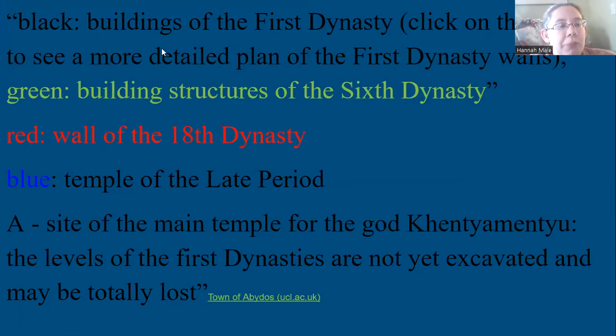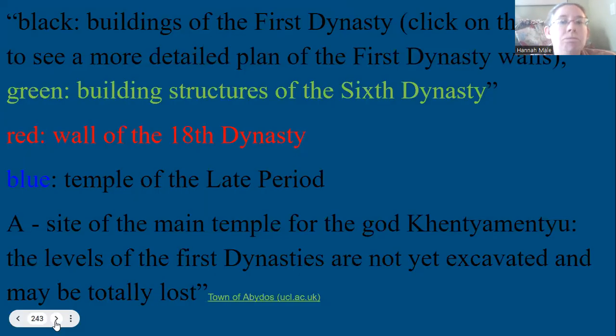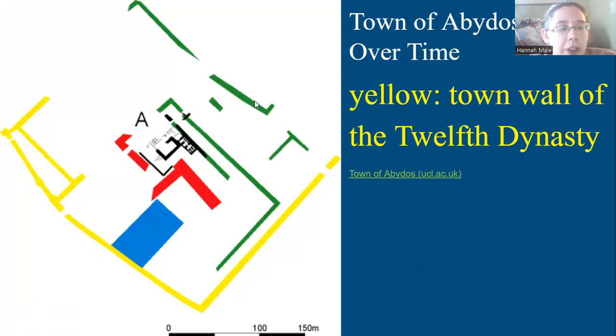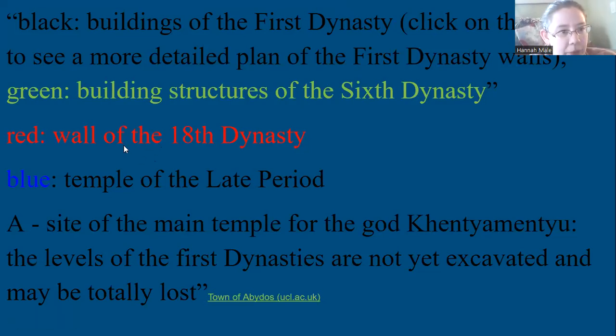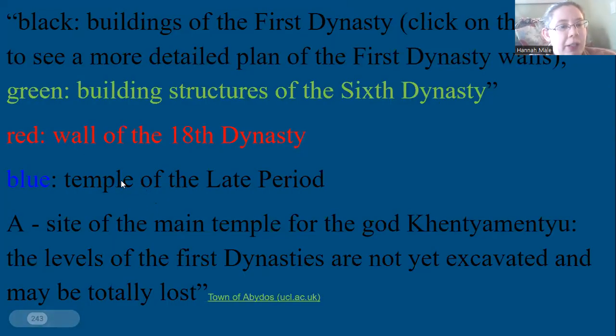And then the black here seems to be all the way back from the early dynastic, first dynasty period. Green, here you're starting to get into the Old Kingdom. Red is 18th dynasty, so now you're in the New Kingdom. And then the last layer, in blue, seems to be a temple from the late period.